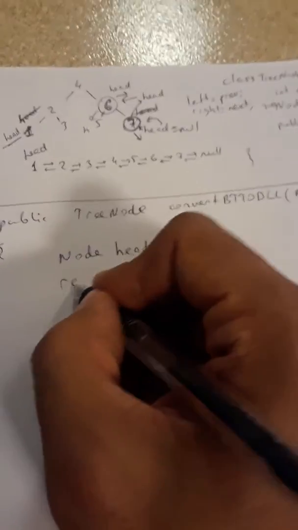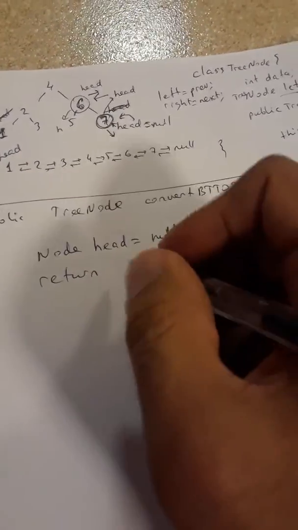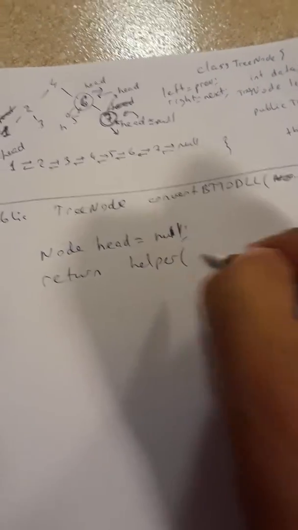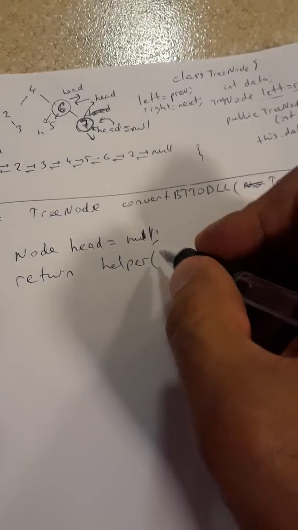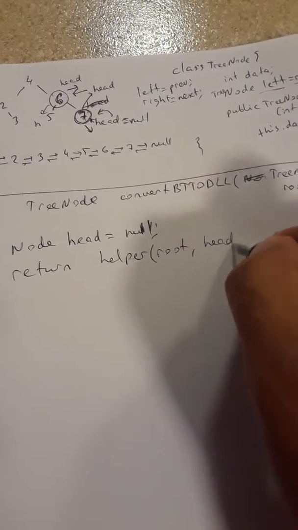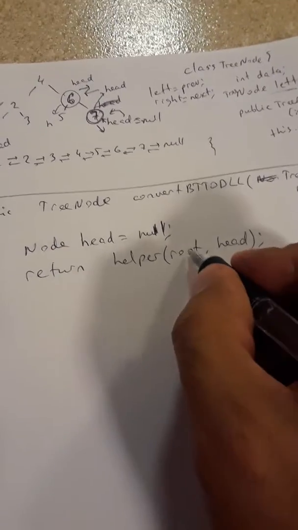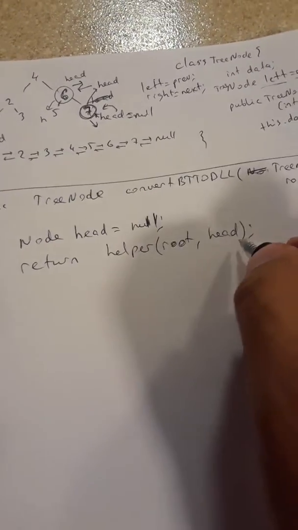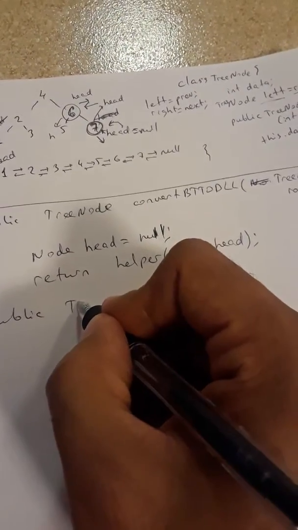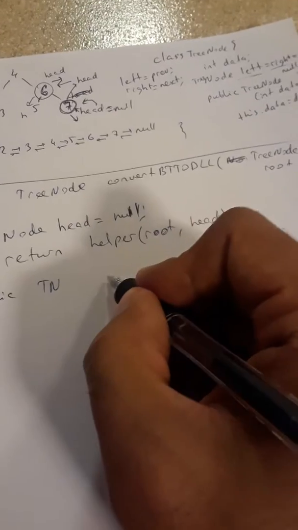At this time we will just call our helper function, where we will be passing our root and head nodes, and our helper function will also be returning a tree node.